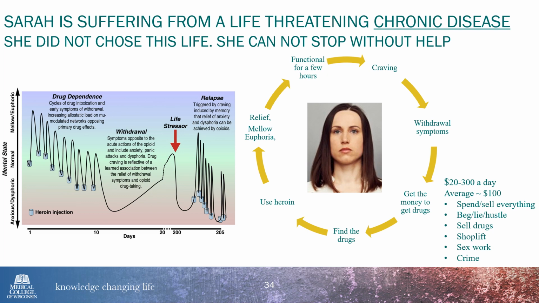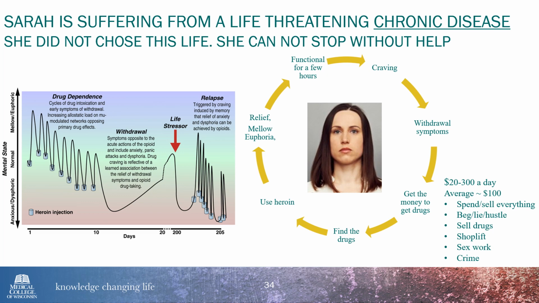And if you don't use heroin, you feel even worse. You can try and stop using cold turkey, but your withdrawal symptoms are quite severe and they often make you very sick. And most people will resume drug use within a month if they do try to stop using opioids.